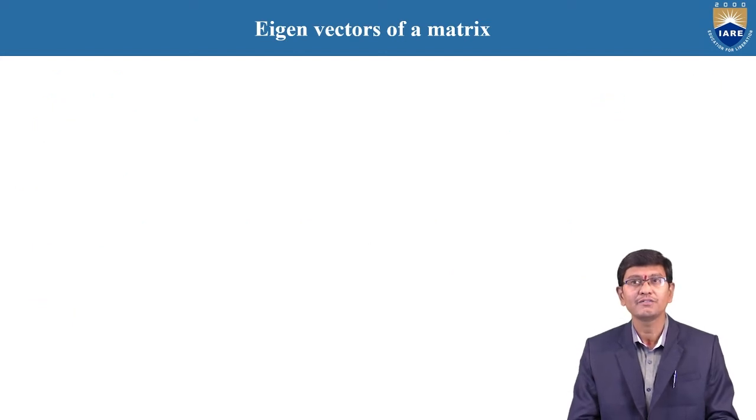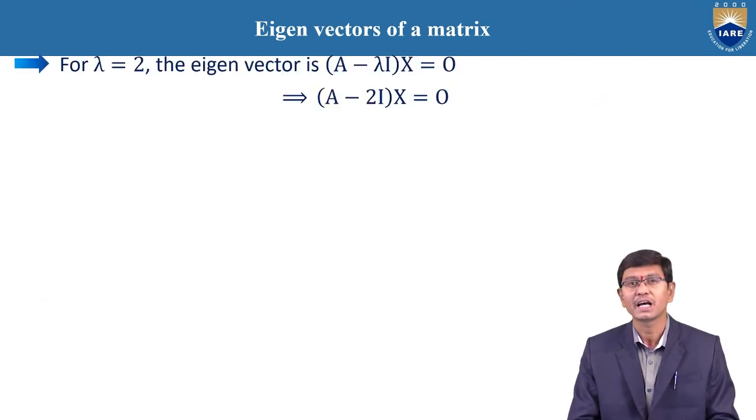Next, we need to find the eigenvectors of this matrix. Since the eigenvalue 2 is repeated three times, we need to find the corresponding eigenvectors of the given matrix.